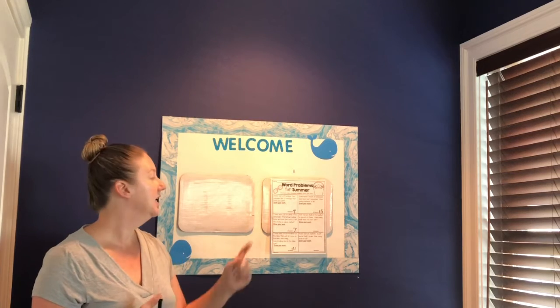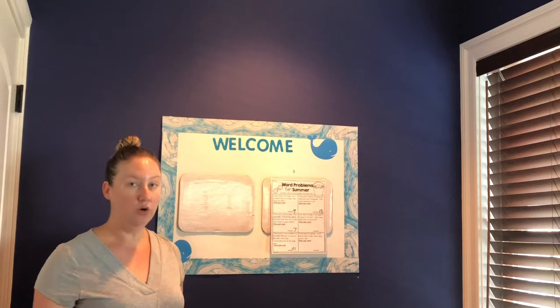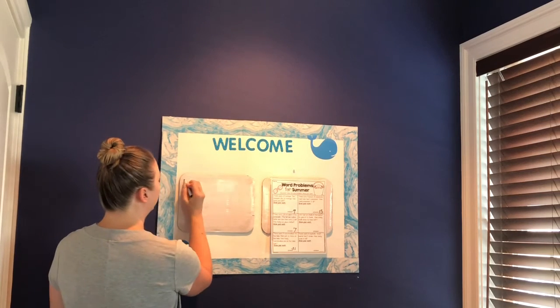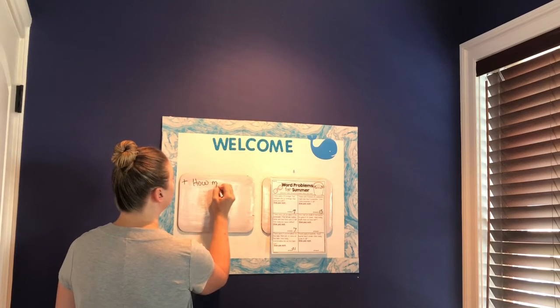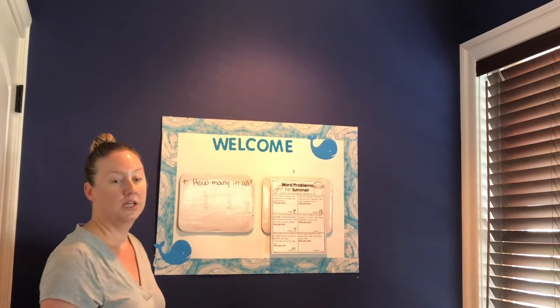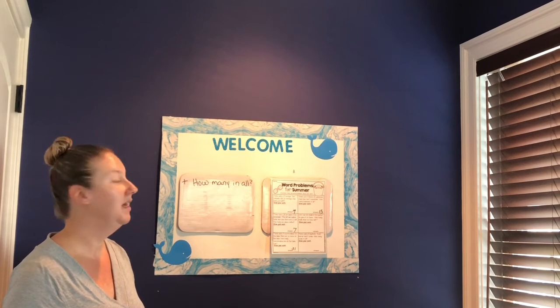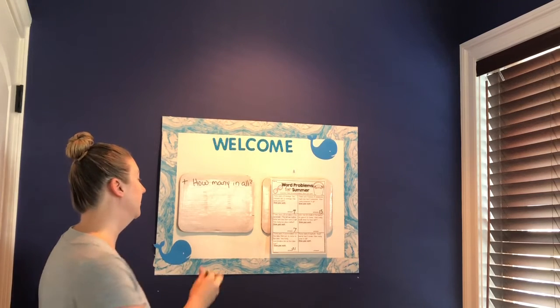If the last sentence of the word problem says how many in all, how many together, you know that means you're going to add. If the last sentence of your word problem asks you how many are left, you're going to subtract.